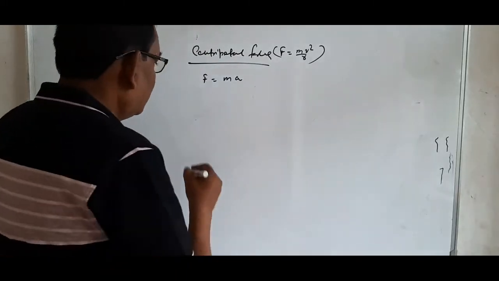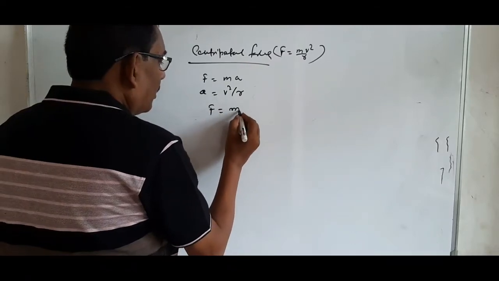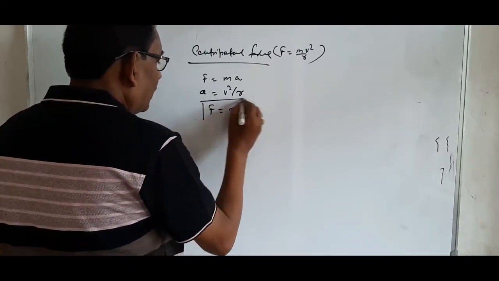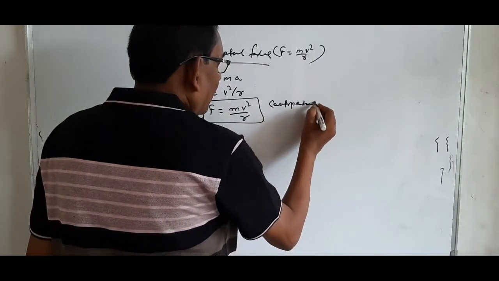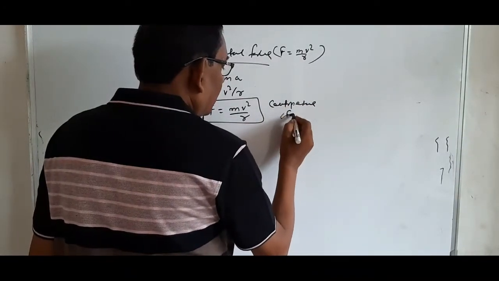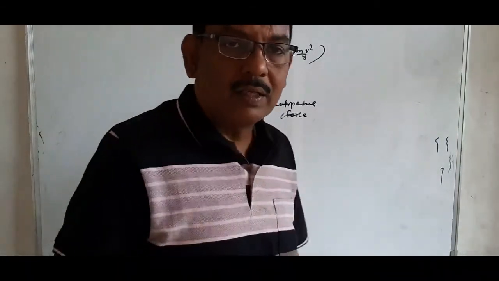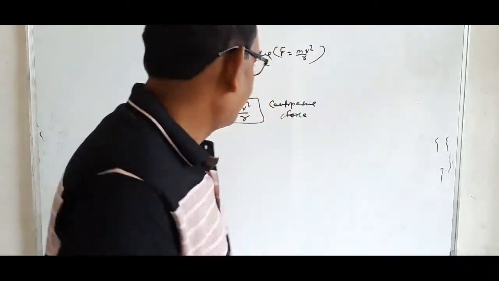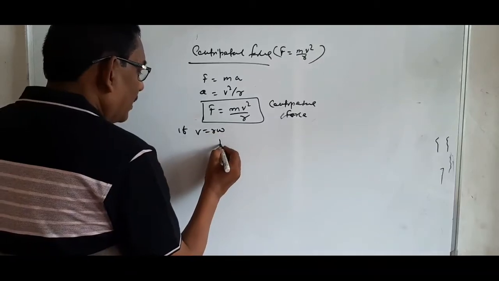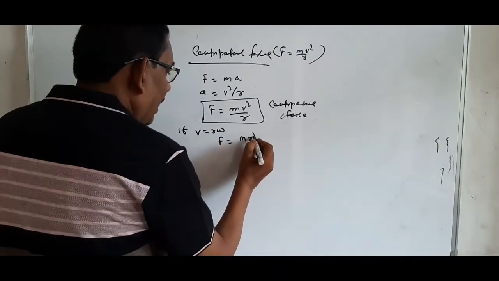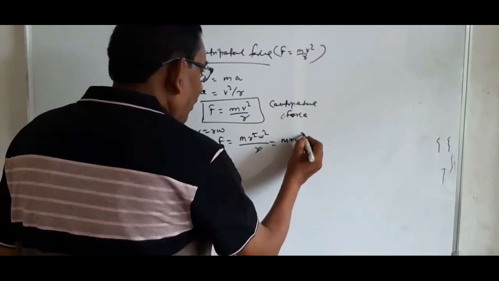The centripetal acceleration a is equal to v square by R. Then F is equal to mv square by R. It is your centripetal force. It acts directed toward the center of the circular path. Clear? If v is equal to R omega, the equation becomes m R square omega square by R. It is your m R omega square.